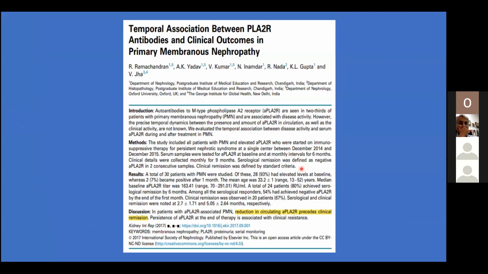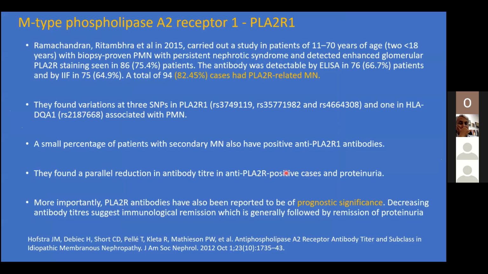So this is a study done from our institute by Raja sir and Pitambara. They also found that there is a temporal association between the PLA2R antibodies and clinical outcomes, and they came to the conclusion that the reduction in circulating PLA2R level precedes the clinical remission. The persistence of the PLA2R antibody at the end of therapy is associated with clinical resistance. Okay, so these are the highlights of this study.